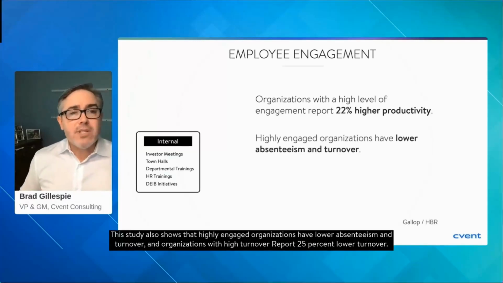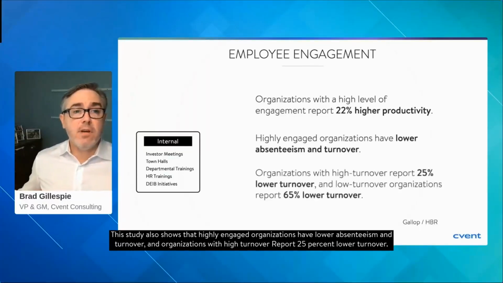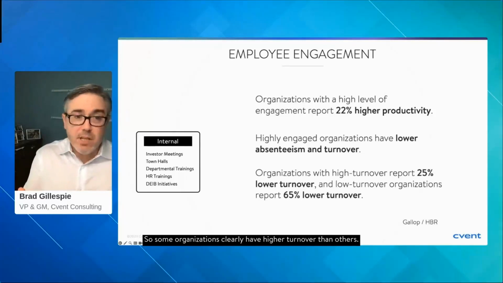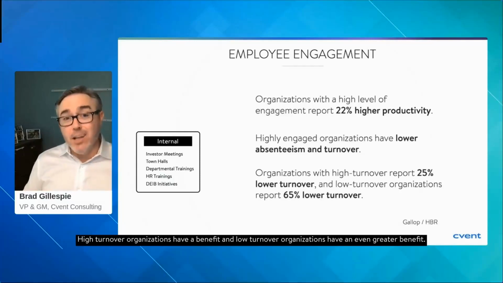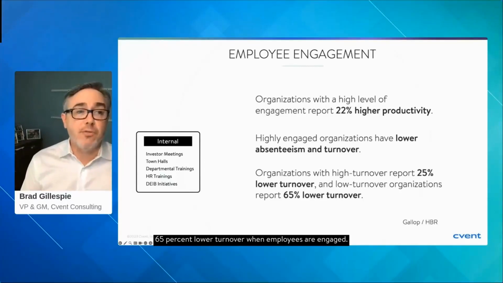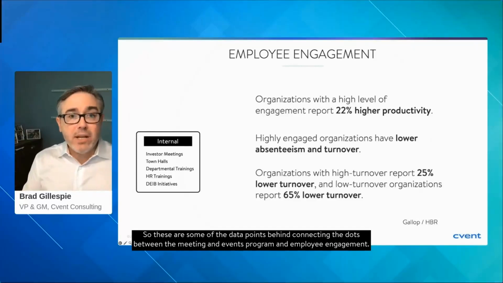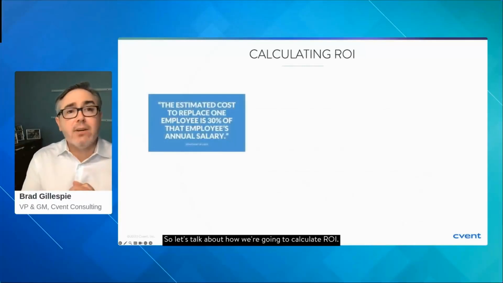This study also shows that highly engaged organizations have lower absenteeism and turnover, and organizations with high turnover report 25% lower turnover. So some organizations clearly have higher turnover than others. High turnover organizations have a benefit, and low turnover organizations have an even greater benefit, 65% lower turnover when employees are engaged. So these are some of the data points behind connecting the dots between the meeting and events program and employee engagement. So let's talk about how we're going to calculate ROI.